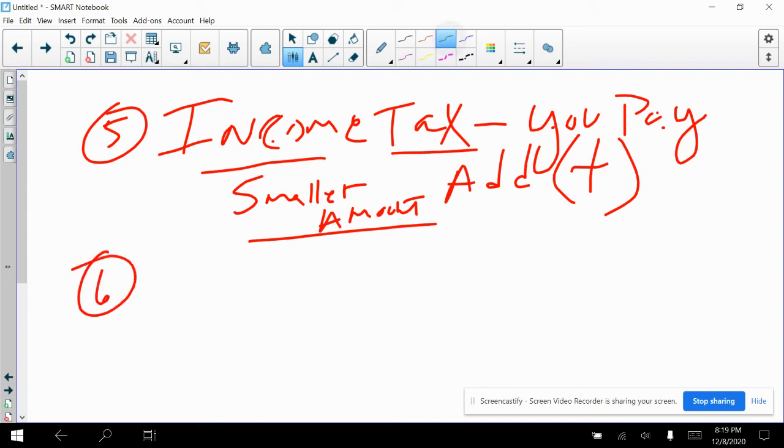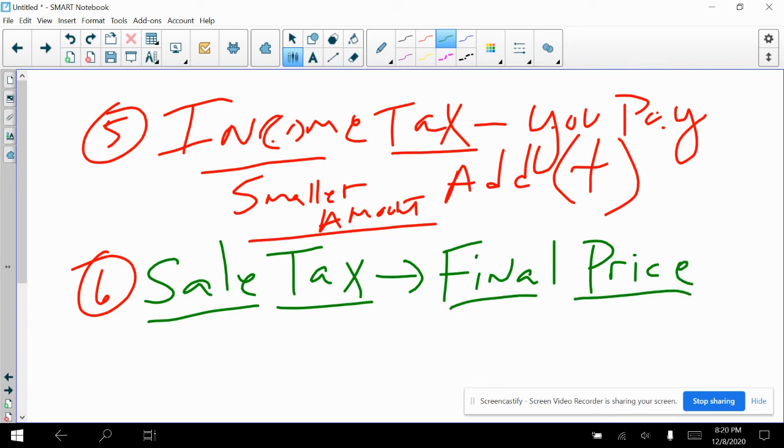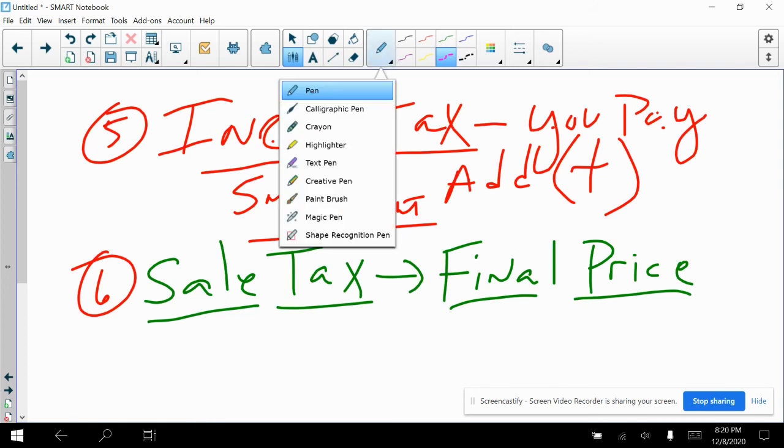Okay, this one here I want to especially point out because you're going to see it a lot. Sales tax. This is also referred to as maybe the final price. You'll see that as well. So these two words, especially, let me highlight this.